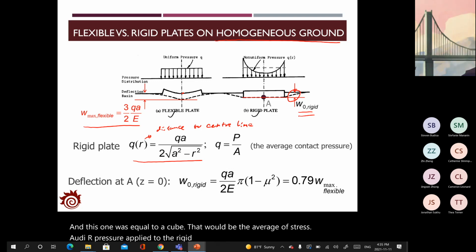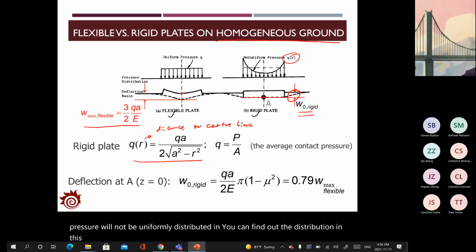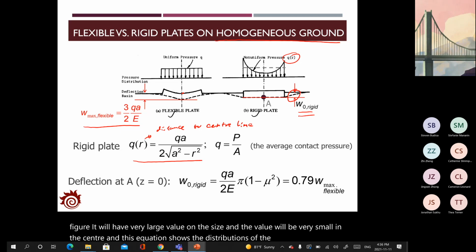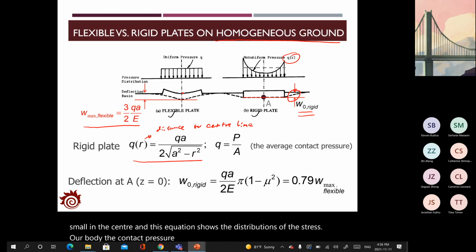And usually for the rigid plate, the pressure will not be uniformly distributed. You can find the distribution in this figure. It will have a very large value on the sides, and the value will be very small in the center. This equation shows the distribution of the stress or the contact pressure under different locations of the rigid plate with respect to the distance to the center line.